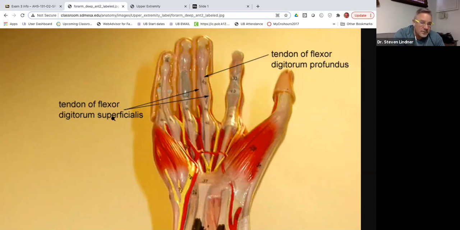Flexor digitorum superficialis, it can flex the metacarpal phalange, and it can also flex the proximal interphalange joint, okay? It doesn't flex the distal because it doesn't cross the joint. Remember Lindner's rule. If a muscle or tendon crosses the joint, it's got to move the joint. Okay.